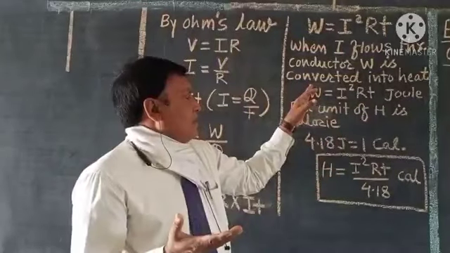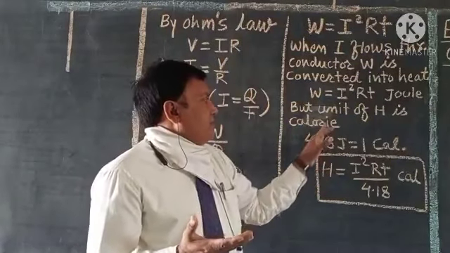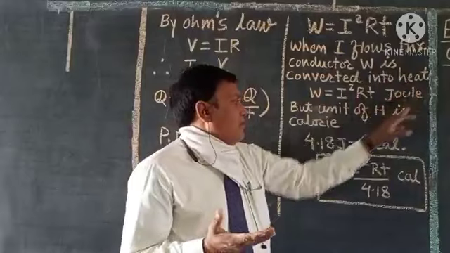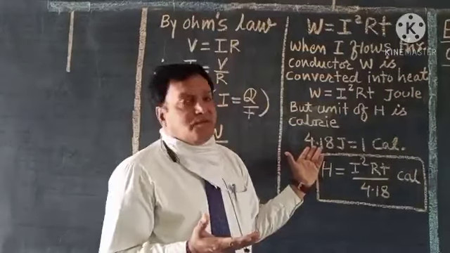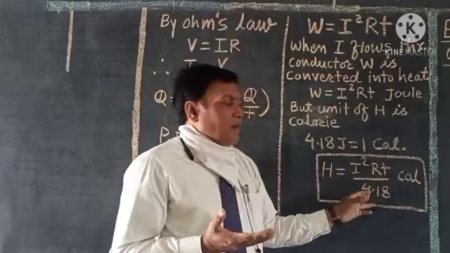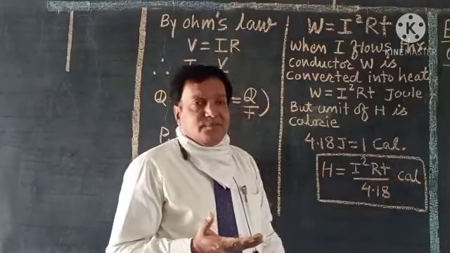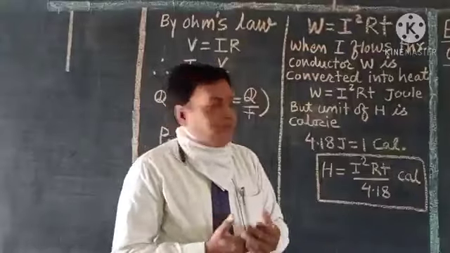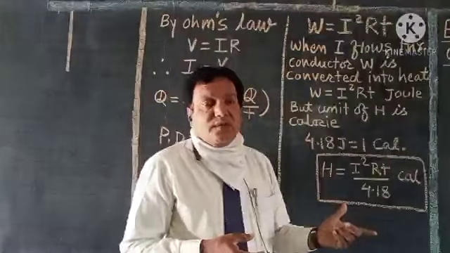So finally this work done is converted into heat, and that work done is in the form of joule. By using this relationship between the units, H is equal to I square RT upon 4.18 calorie, and this is the expression for Joule's law of heating.